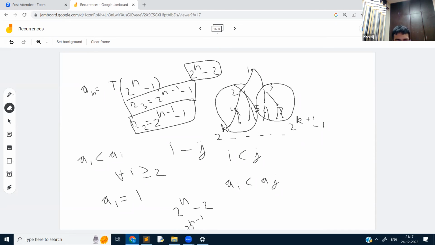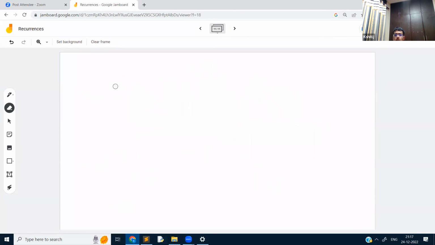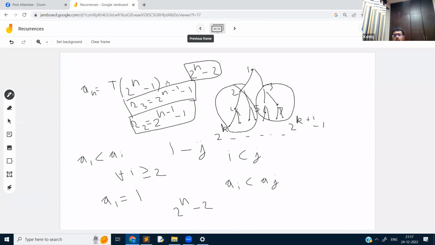Wait, it got cut, so I will erase it. So out of these many numbers, exactly half will go to the left half and half will go to the right half. There are these many ways of choosing half of the numbers.